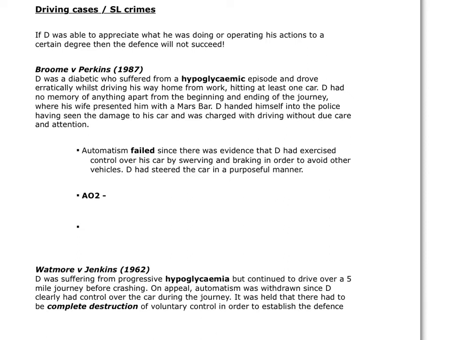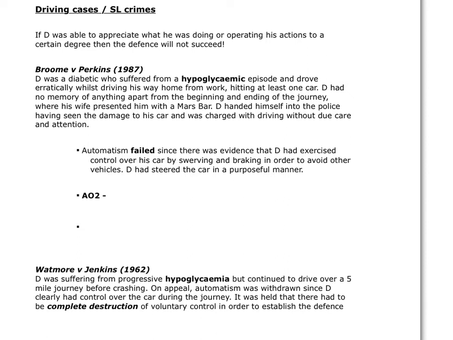So Broome and Perkins, first of all. These cases are very similar, so you just need to differentiate, and we'll do this on a gap chart next week. Broome v Perkins, 1987. The defendant was a diabetic who suffered from a hypoglycemic episode. If you remember from insanity, that is where D has taken his insulin but failed to eat sufficiently.